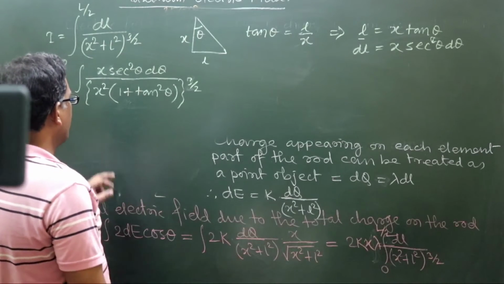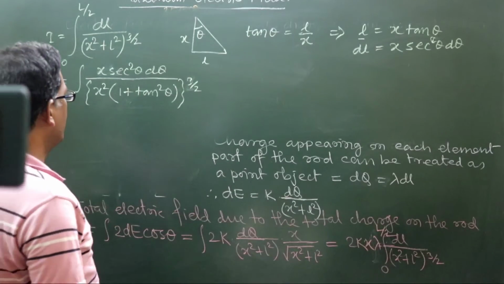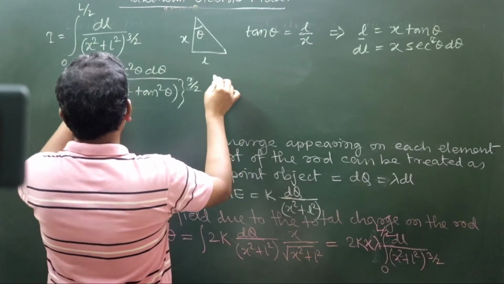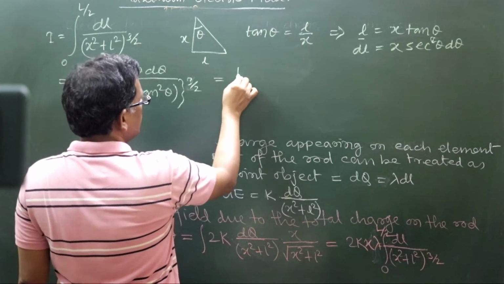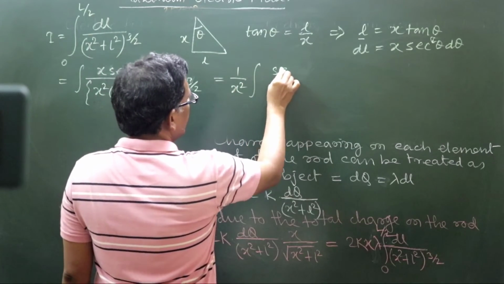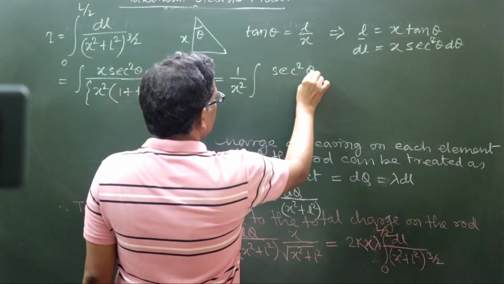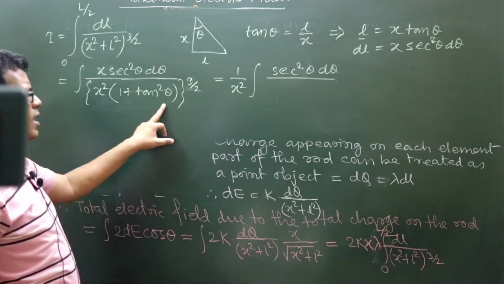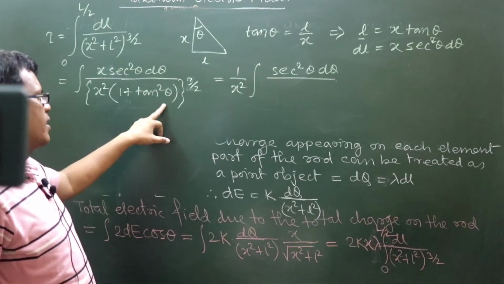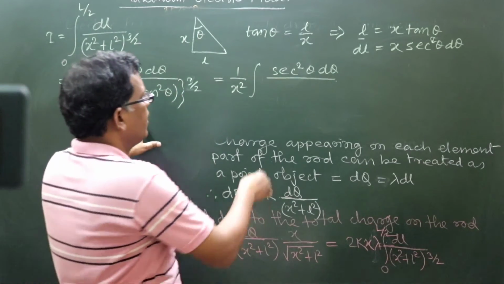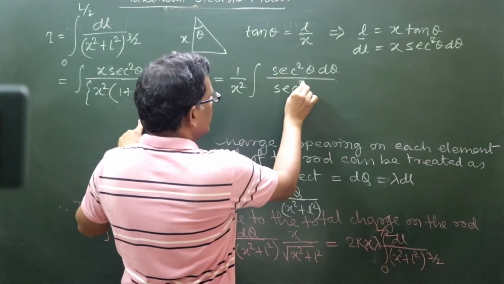Got my point. So x square to the power 3 by 2 will be x cube. Here it was x, the denominator is x cube, so it will ultimately be 1 by x square. So the integration becomes sec square theta d theta, and in the denominator 1 plus tan square theta is also sec square theta to the power 3 by 2, so it will be sec cube theta, right?